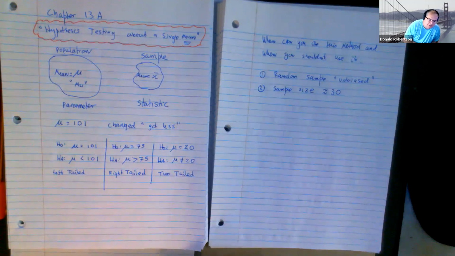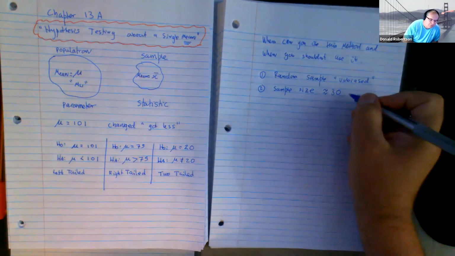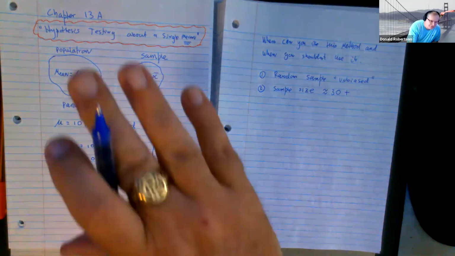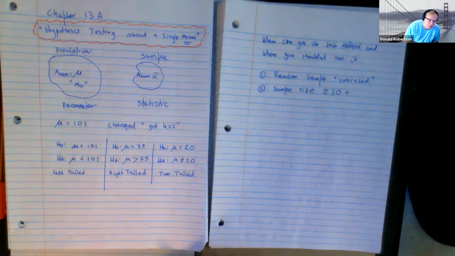Round about 30 or more. You really shouldn't be doing hypothesis testing with 10 people. Can you imagine that's probably far too small to be really comfortable about any conclusions?